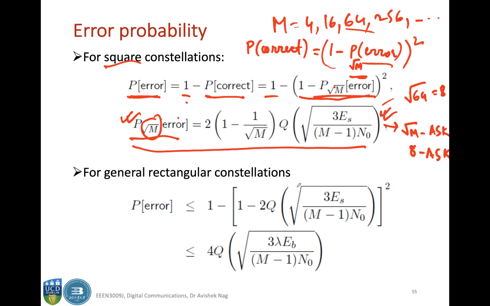For general rectangular constellations, this will be the probability of error expression, and you can also obtain this using the bounds that I showed you a little while ago.